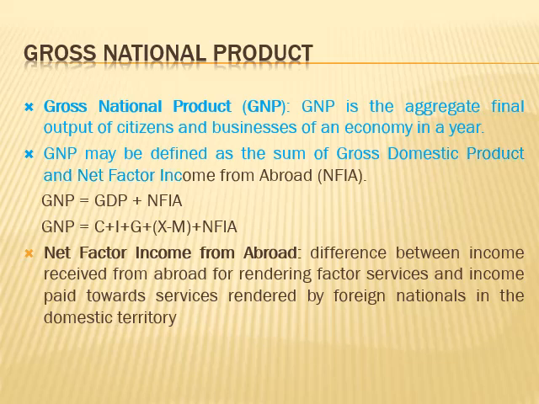The market value of goods and services produced by Qatari companies or by Qatari production forces in Sudan is considered as the GNP of Qatar. So this is the distinction between gross domestic product and GNP.